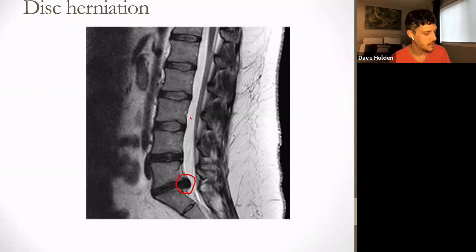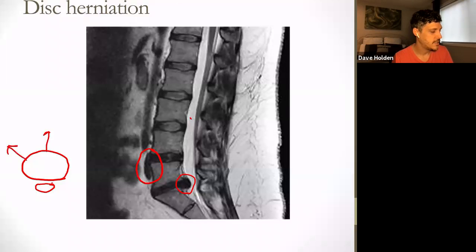Fun fact, this one is also herniated, but that one probably is causing no symptoms, no pain, no nothing. As long as the bulge, let me give us a little drawing here, terrible drawing. So there's the spinal cord. If the bulge is anterior or anterolateral, you really won't notice any symptoms.